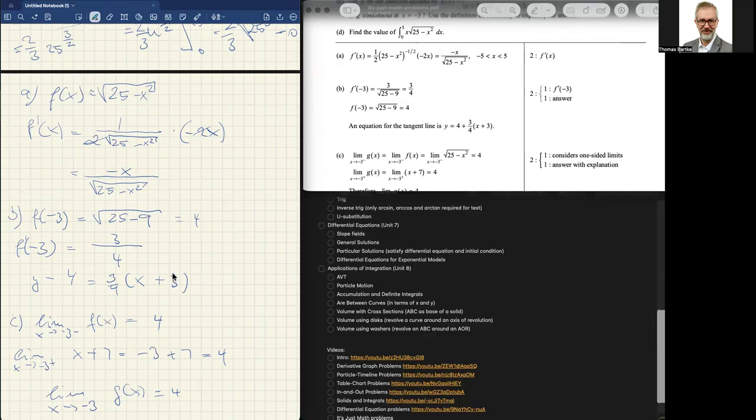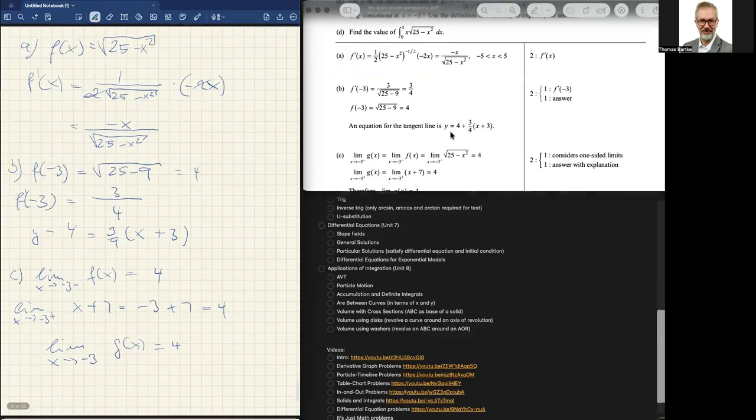Then for B, we have f prime is 3/4. I did it in reverse order here, right? Here's f prime 3/4, and f of -3 is 4. That's here, and then the equation is that. Kind of weird that they moved the 4 over to the other side without doing further resolution here, but that's what it is. So this equation is perfectly fine, though you don't have to do anything about it.